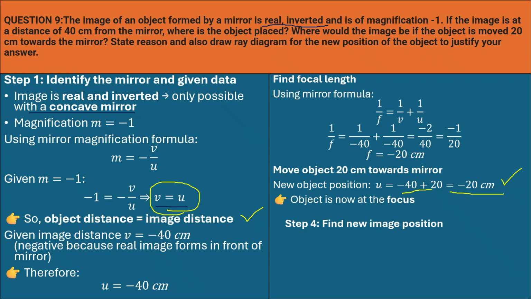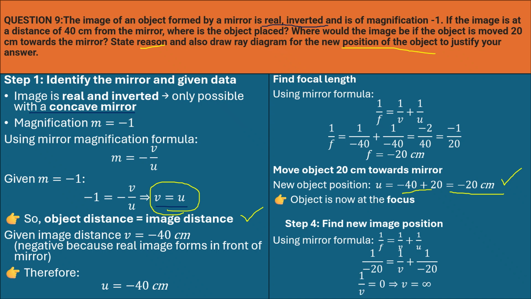See children, we have given the reason. We need to find the new position of the image. So again, using the mirror formula, substituting the values of focal length and u, v we have to find, and then you will get 1 upon v is 0, that means v is infinity. Hope this point and these steps are clear to you.